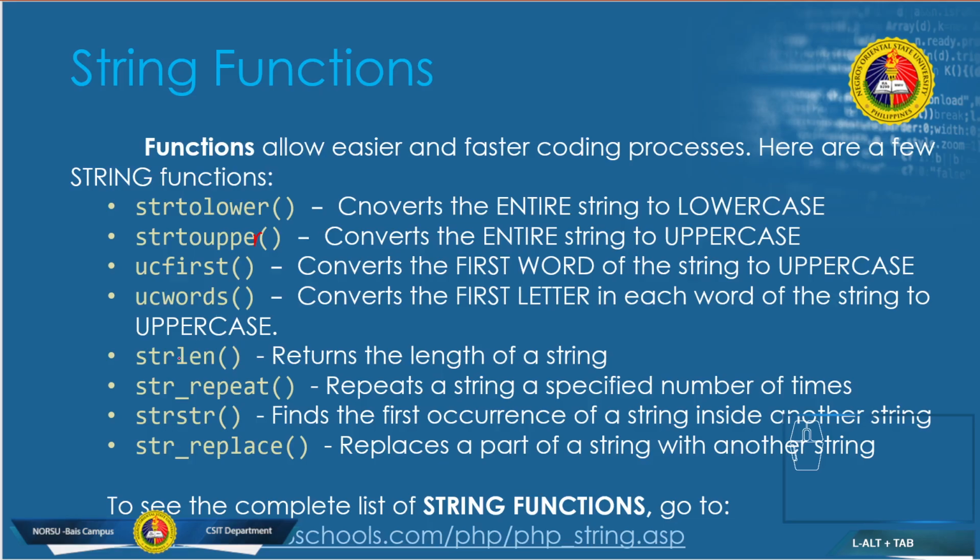And then we have here strlen, meaning string length. It returns the length of the string. So strlen will count all the letters or symbols or characters inside the string and display it on the screen. So let's try that.